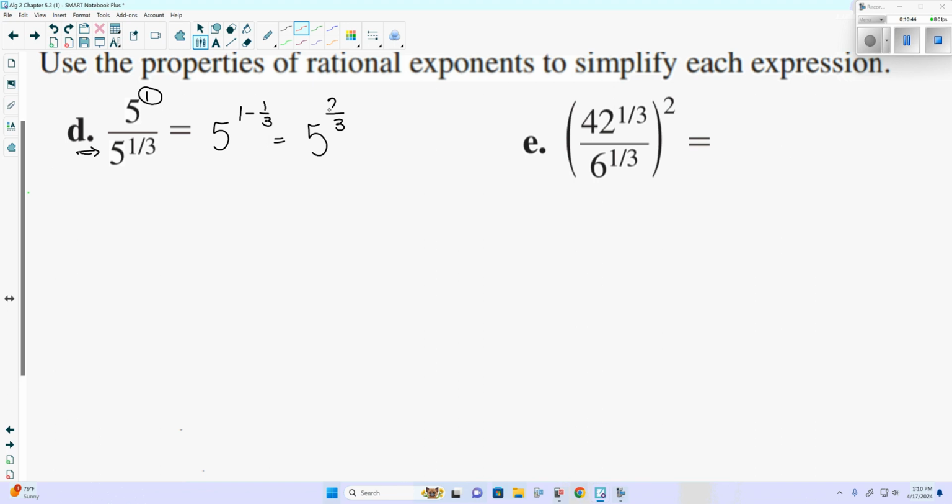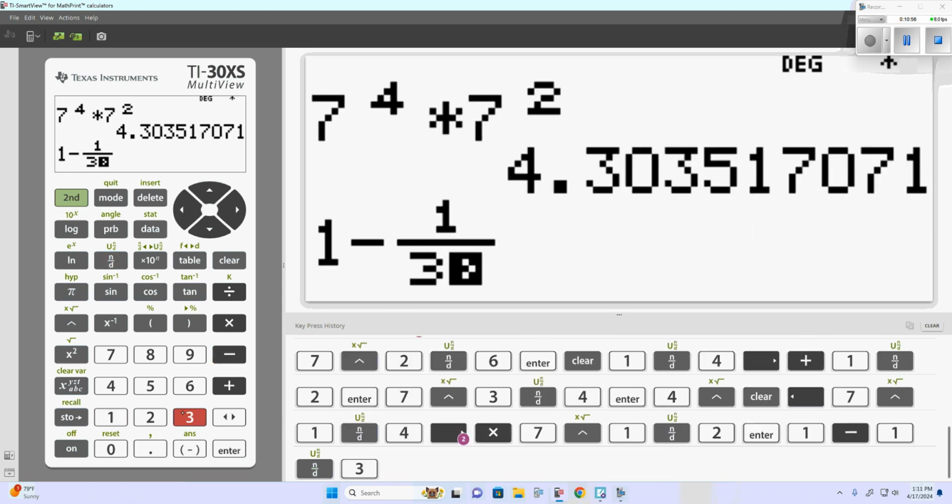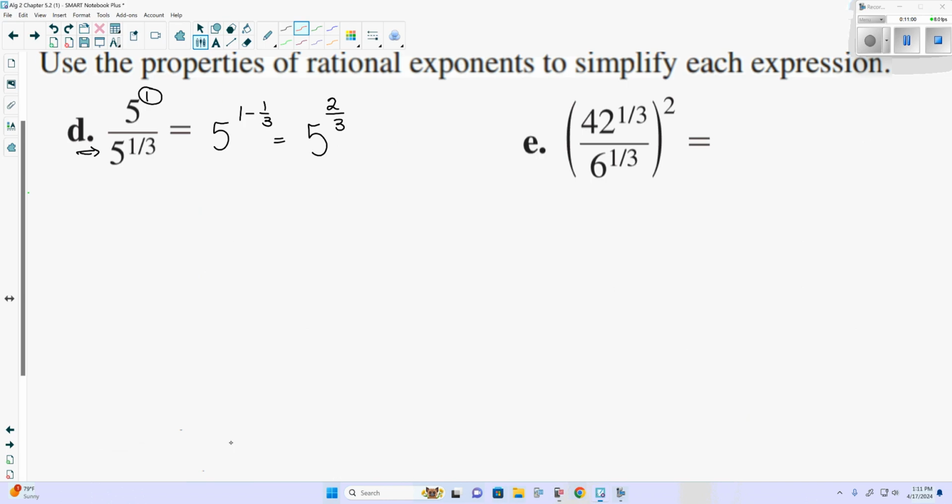We can't type the whole thing in, but I can type 1 minus 1/3 into the calculator. It is 2/3. That's it.